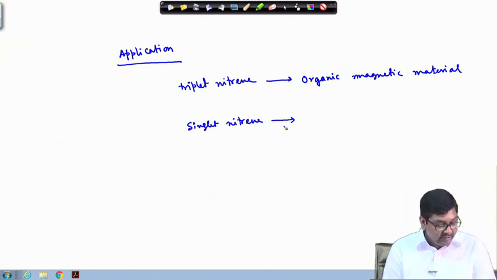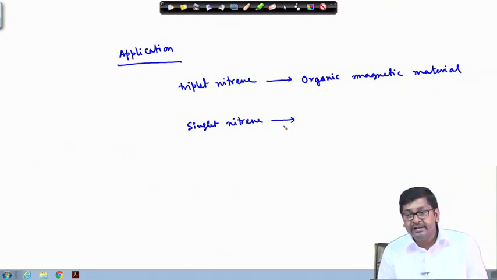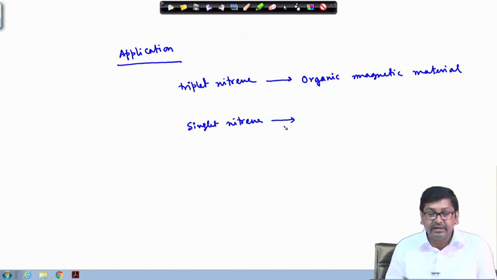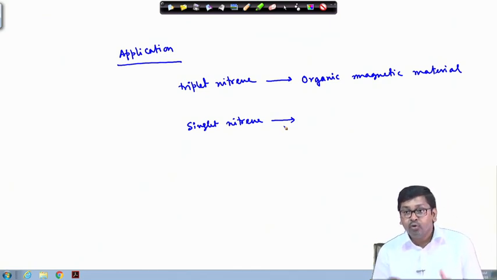That is why this can be used as a photoaffinity labeling agent. Let us say this singlet nitrene contains some fluorescent part, and after generating the nitrene, if it can be inserted into proteins, then basically we can visualize that particular protein, as this nitrene has the fluorescent part.